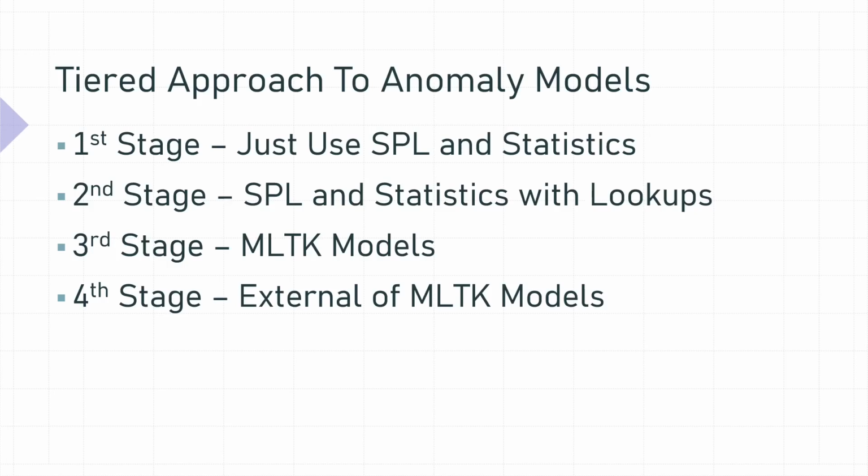What about just using the MLTK as it rolls out from Splunk? If one of their algorithms works and it's good enough and it helps you, and you can just publish your model through that, then it speeds up the process. That's the third stage. The fourth stage is, you know what? There are some new models, and yes, the MLTK can import models, but it's not quite ready for this model.